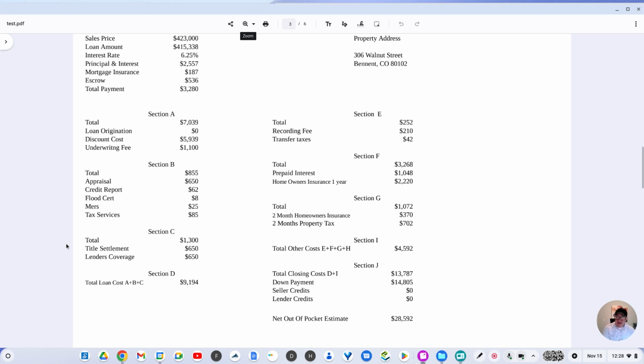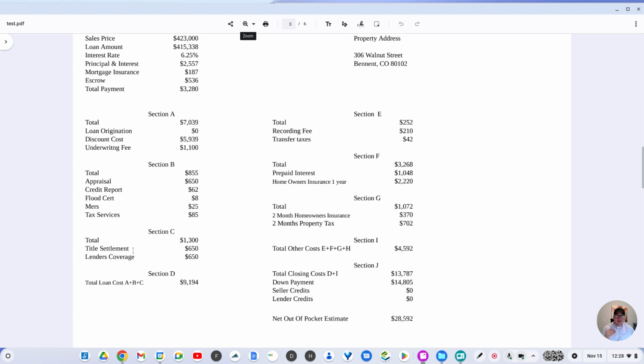Section C, these are title fees. And like I was saying before, this will be influenced by the title company the seller chooses in almost all cases. The reason is, what title fees are, is you're paying to make sure the title is clear.